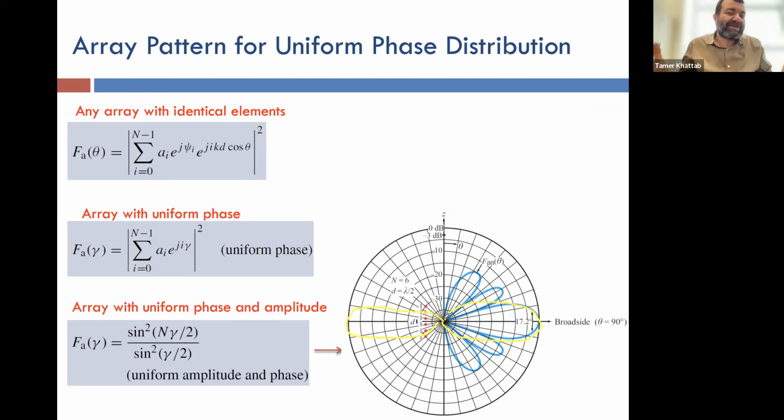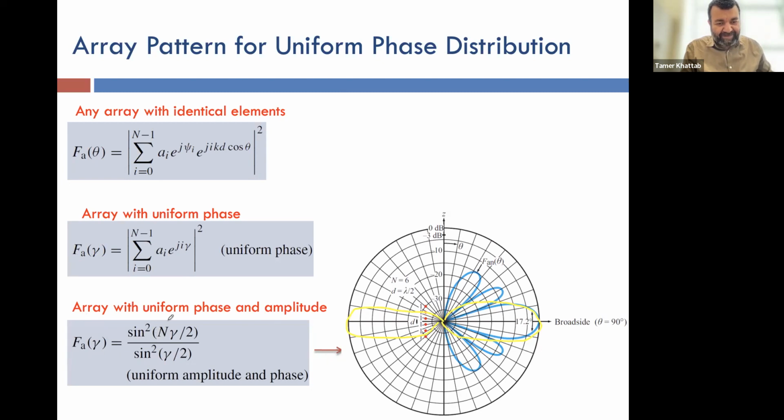So that's why we use antenna arrays, because we can achieve some properties of the radiation pattern which are difficult to achieve with a single antenna design, no matter what we do with the antenna design. One thing to keep in mind is that typically for those array patterns or array factors that we see, the number of zeros, the number of nulls here is directly related to the number of elements.